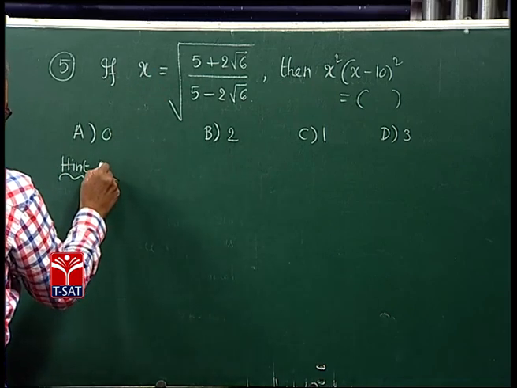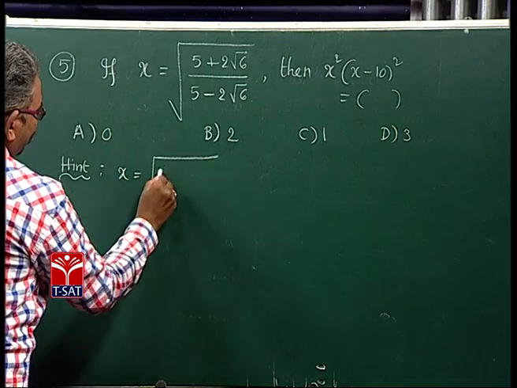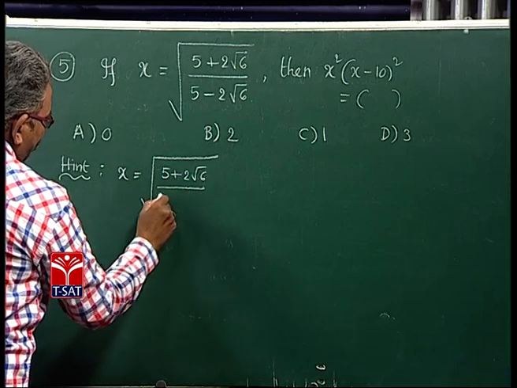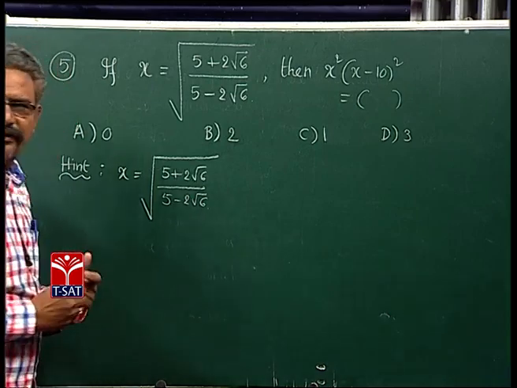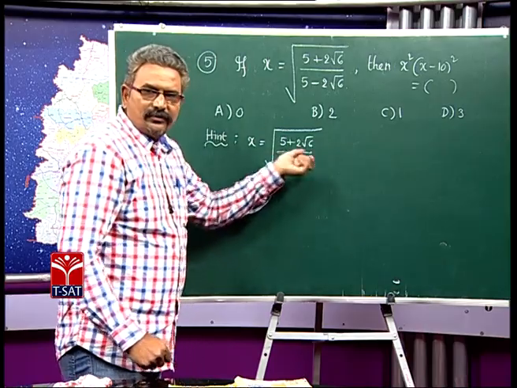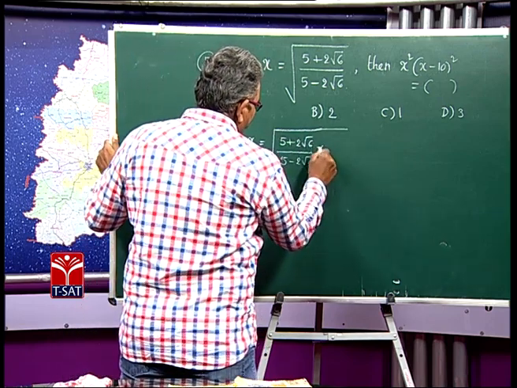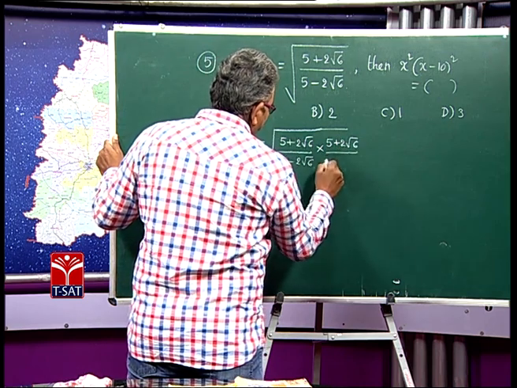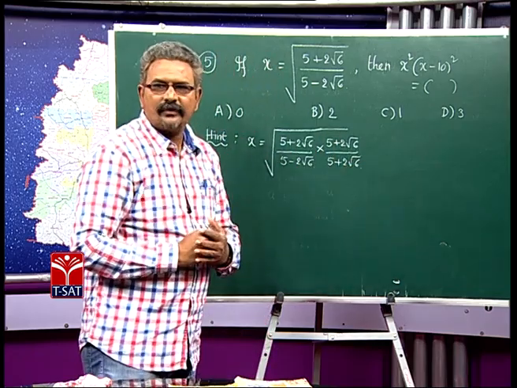x is equal to root of (5 plus 2 root 6) by (5 minus 2 root 6). You have already practiced how to rationalize. So, now this is multiplied with (5 plus 2 root 6) by (5 plus 2 root 6). Understood?